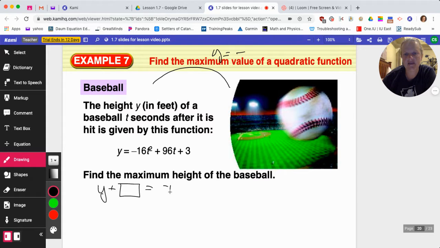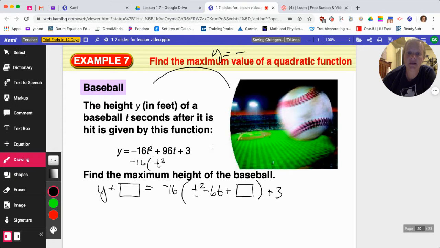equals negative 16 t squared. So I'm going to take a 16 out here. 96 divided by 16, I should know this one, 6. So I took out a negative 16, so I have minus 6t plus a box plus 3.